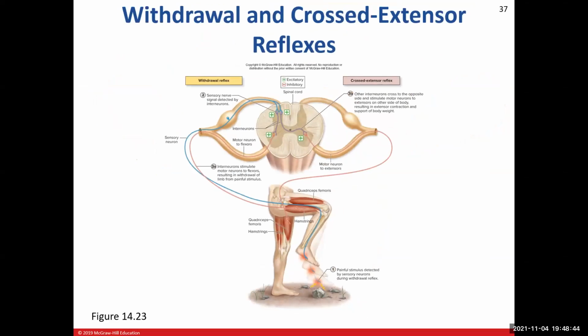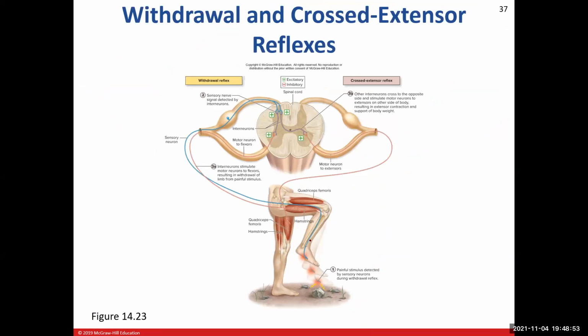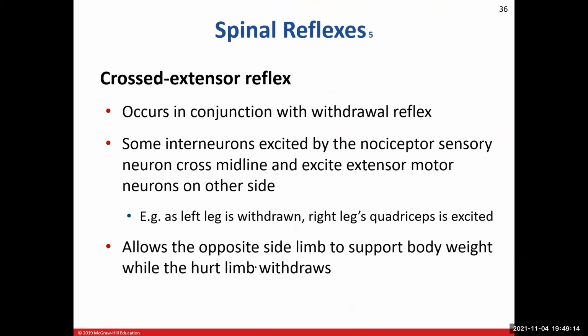Okay, that brings us to our crossed extensor reflex. So if you notice in our picture here, when this occurs, you're lifting one limb. In this case, it's the right leg. You're bending the knee and lifting that right leg away from the painful stimulus. So what happens to the left limb? What goes on there? Let's find out. That's where the crossed extensor reflex becomes involved.